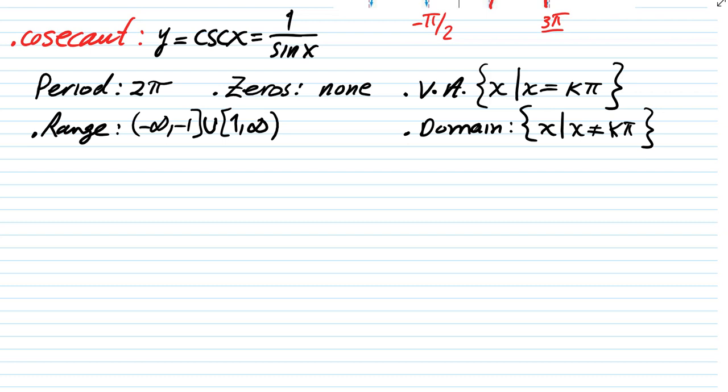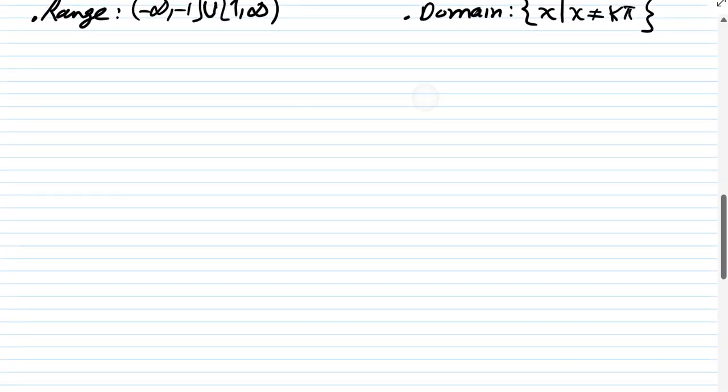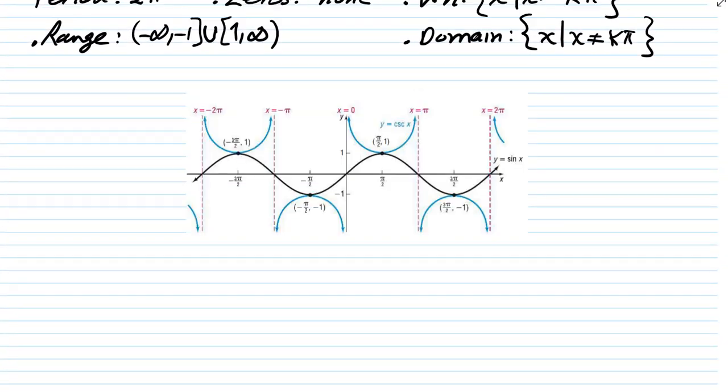Perfect. So let me now bring the graph of cosecant here for us. And there it is, the graph of cosecant. So now we get the graph of cosecant by taking the reciprocal of the graph of sine x. So sine x is actually this one. This is the graph of sine x.